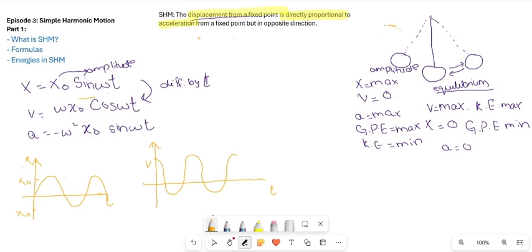And now for the acceleration one, you must be thinking that it will be like this. No. There is a negative sign here, so you're just going to invert this entire sine graph and form this.